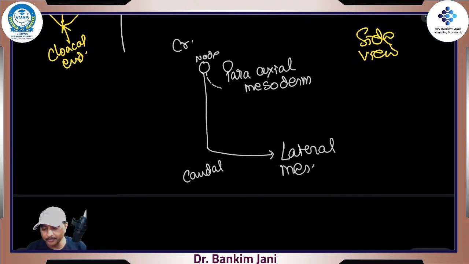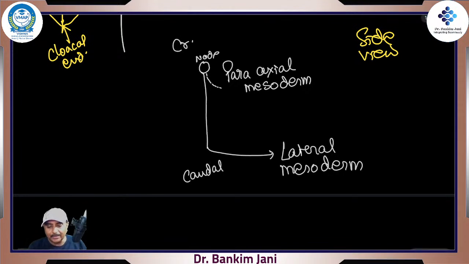Lateral mesoderm, right? The caudal end cells which are going underneath, going between epiblast and hypoblast, they are lateral mesoderm. All these things, lateral mesoderm, paraxial mesoderm, will be forming amazing structures, right?